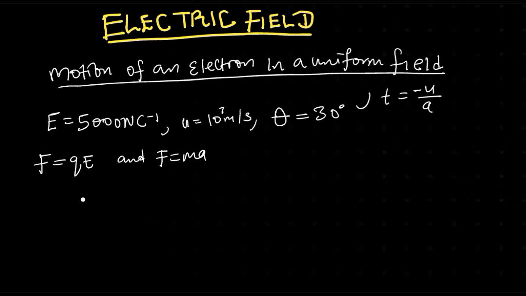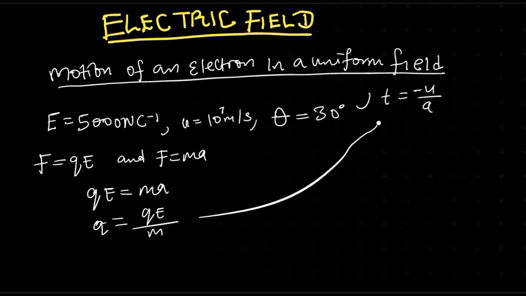If we equate both of them, that means that QE is equal to ma. That means that a is equal to QE over m. So if we substitute into t here, t will now be equal to minus u over QE over m. Are we together now?